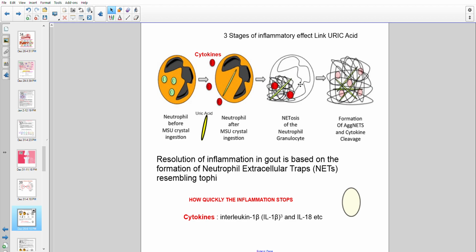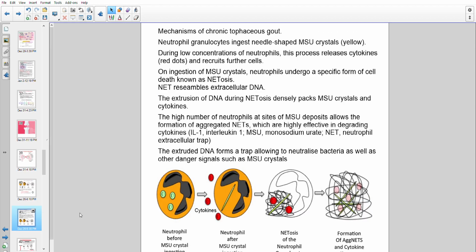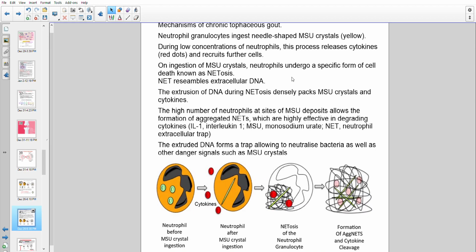If we can stop this happening and not get to a chronic stage, that's good. So have a look at the more detailed mechanisms.